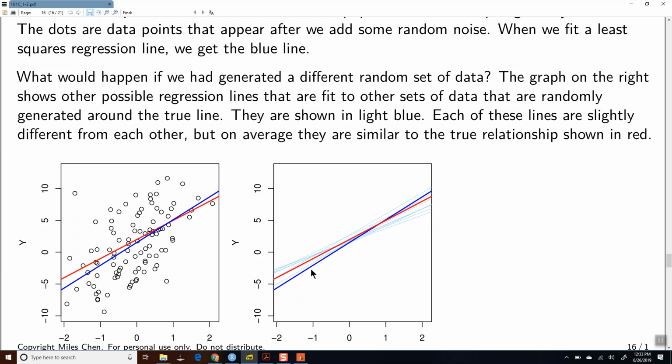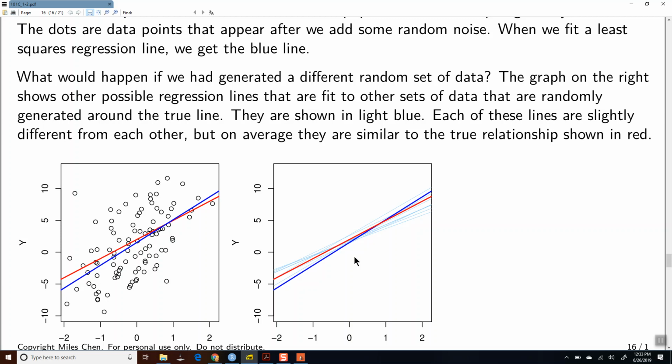And what we see is that these light blue lines are kind of similar, and in general, they're centered around the red line, which represents the true relationship, but they also differ from each other, and they differ from the red line as well.